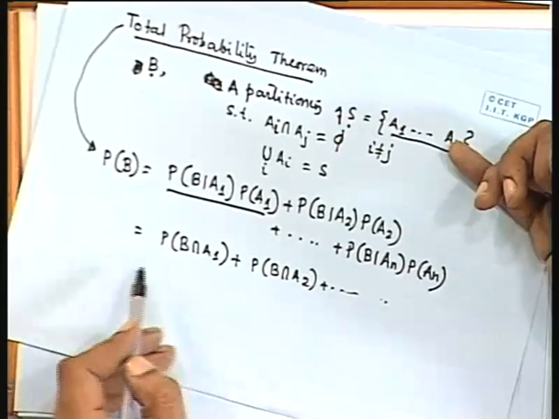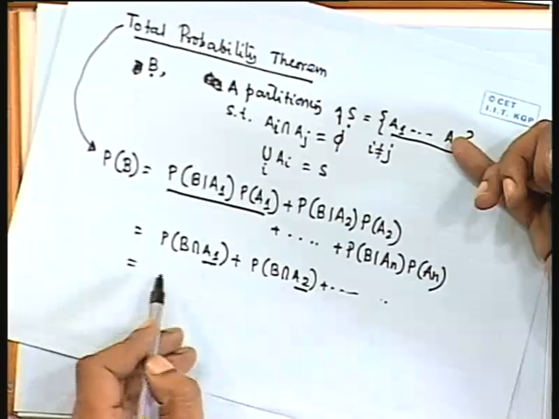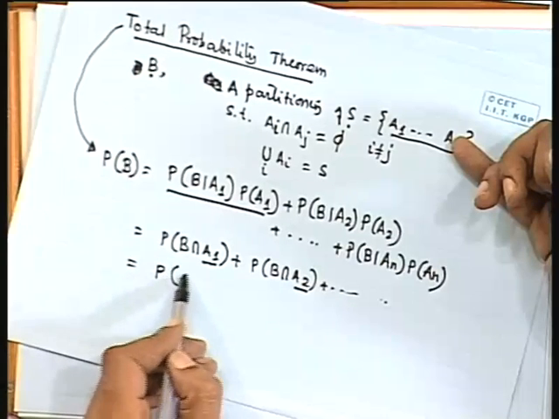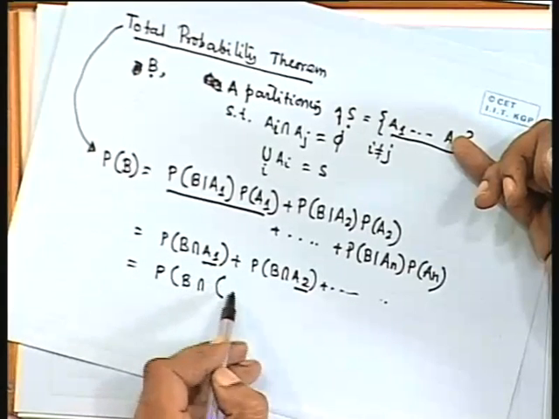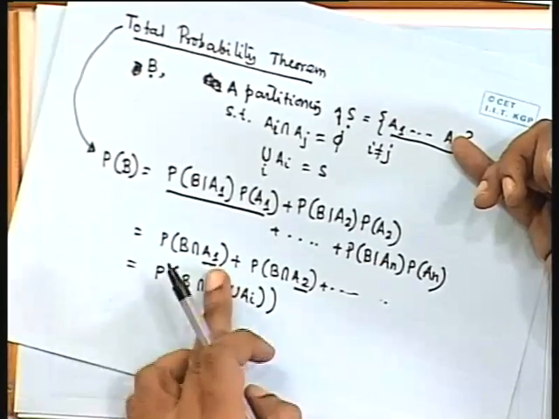Right? Now, since these are disjoint, you can write it as probability of B intersection union of AI, because they are disjoint A1, A2.